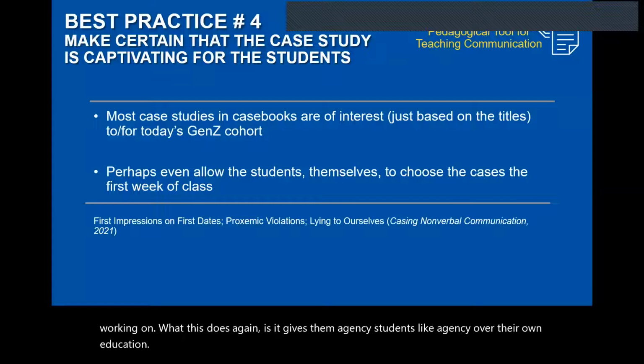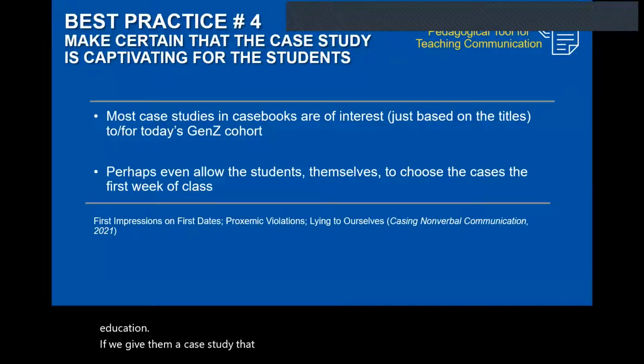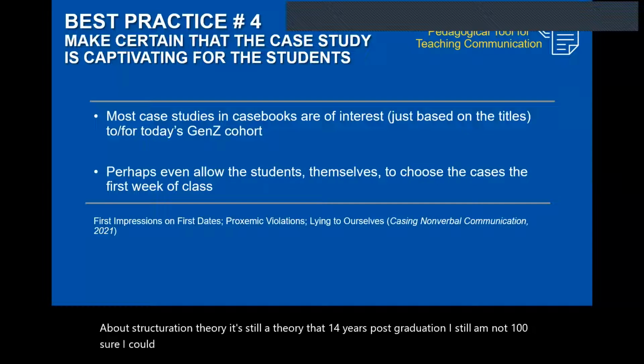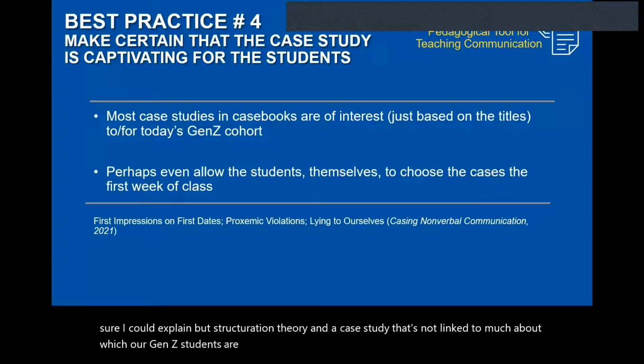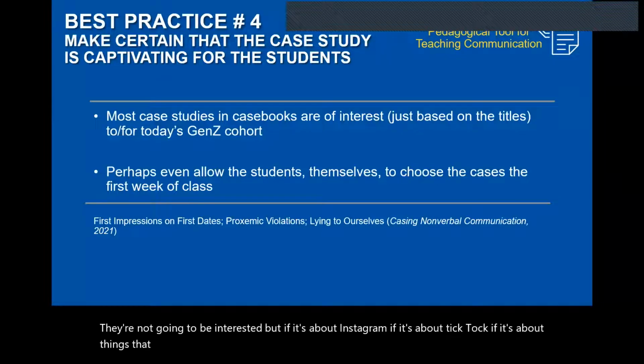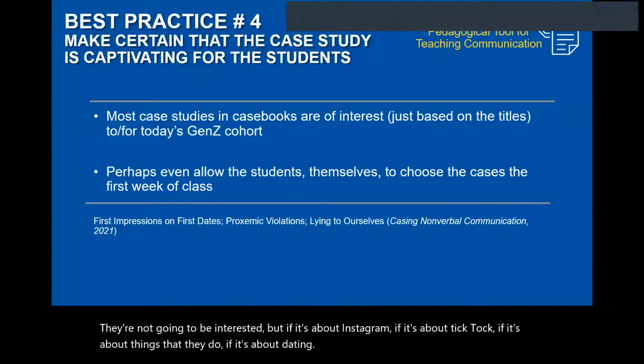If we give them a case study that we're interested in about structuration theory, it's still a theory that 14 years post-graduation, I am still not 100% sure I could explain. But with structuration theory and a case study that's not linked to much that our Gen Z students are able to link to, they're not going to be interested. But if it's about Instagram, if it's about TikTok, if it's about things that they do, if it's about dating, they're hooked.